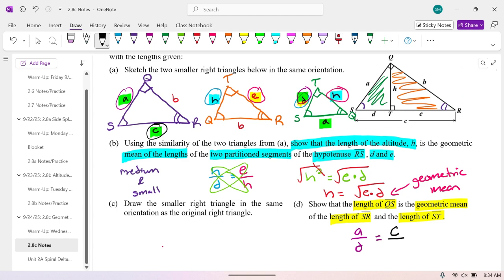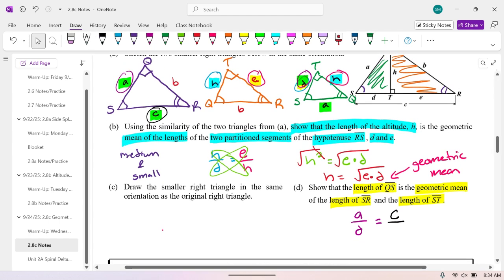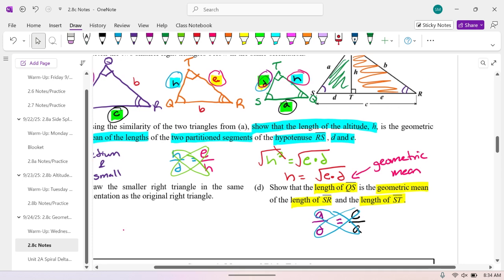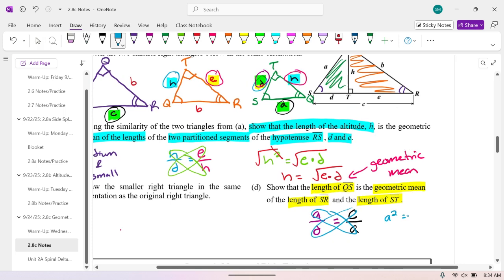So what's that corresponding side on the small? I'm looking at C on the big, so what's the corresponding on the small? A. So I cross multiply and I get A squared is equal to D times C.